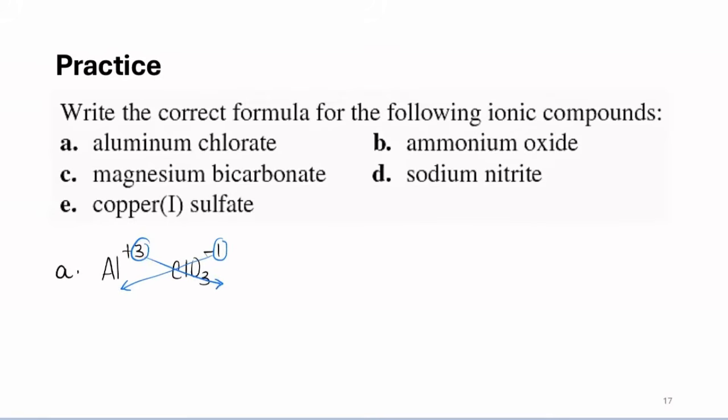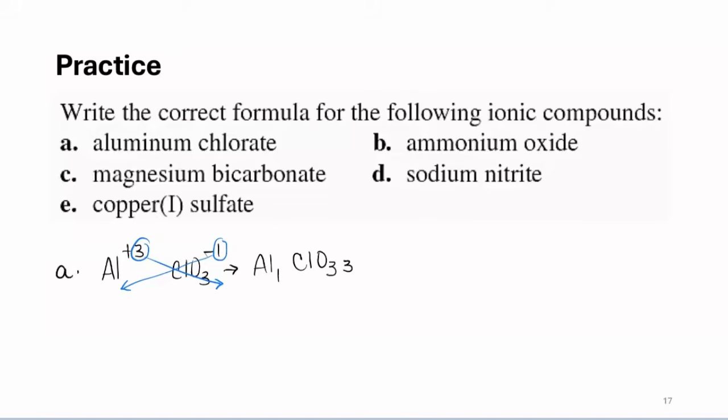So at first, when I write my answer, I'm going to write Al1 ClO3 3. But you can see that it looks kind of weird, because right now it looks like ClO3 3, but it looks like O33.